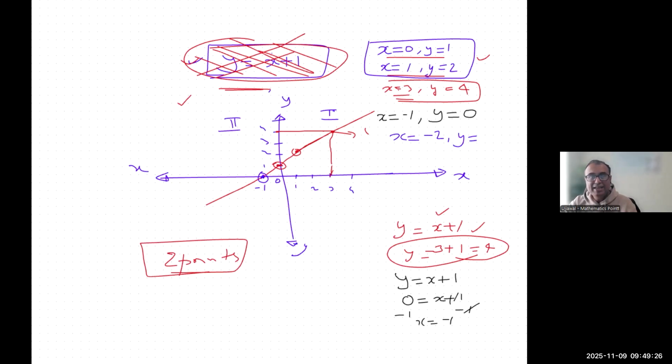Let's quickly find where exactly it is on my graph. X is -2, so if this is -2, that must be -1. That's the point, -2, comma, -1. We have slid into the third quadrant here. I know it's become messier, but if you're following me, you should be fine.